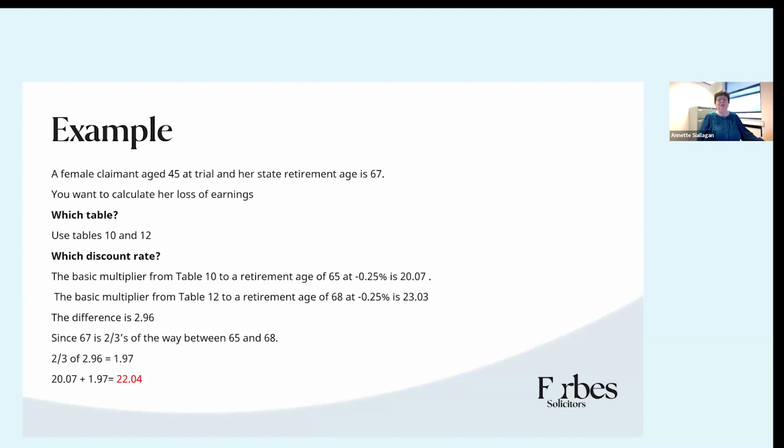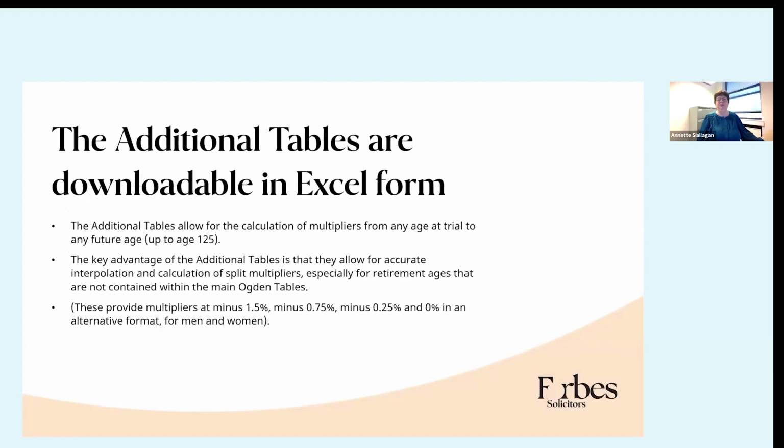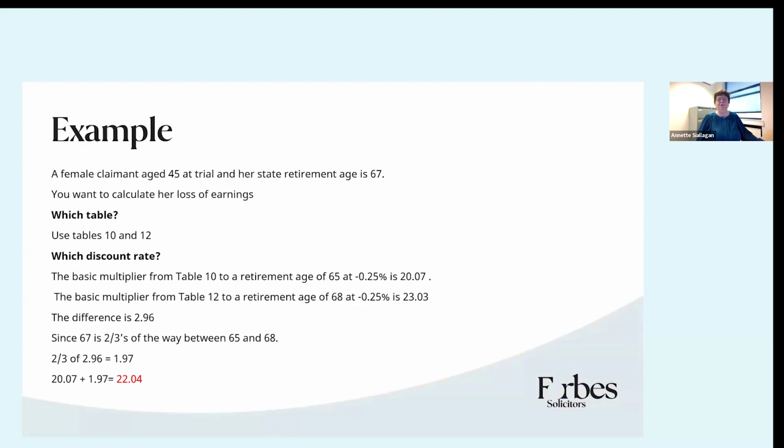You could use this way, or you could go to the additional tables, put the figure in, use the appropriate discount rate, and it will come up with the figure. In fact, when I used the additional tables, it came up to 22.05, which is slightly higher.